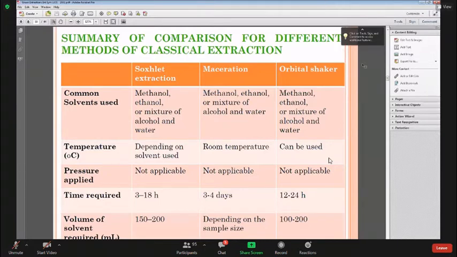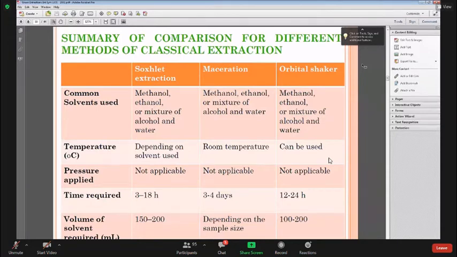In case of Soxhlet extraction, there is a chance that some of the heat sensitive compounds may be destroyed. And if we talk about maceration, this is fine, but again, you have to keep the samples for shaking for a long period, even for 3 to 4 days, and a large volume of the solvent is also involved.